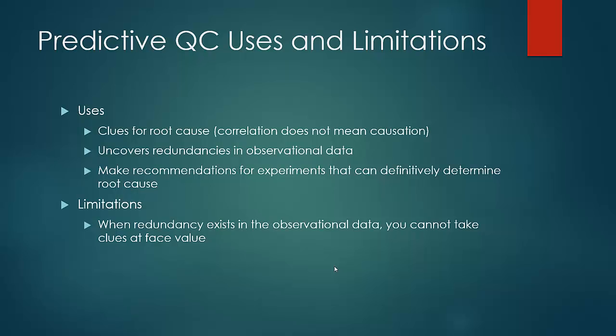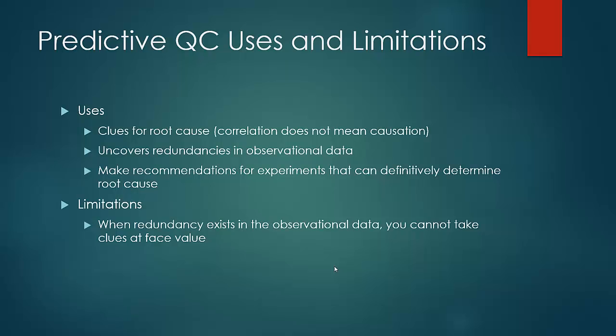If I use the methodology I pointed out, using the data health node, that will help us to uncover redundancies in the observational data. Once we have that additional information, we can make recommendations for experiments that can definitively determine the root cause.